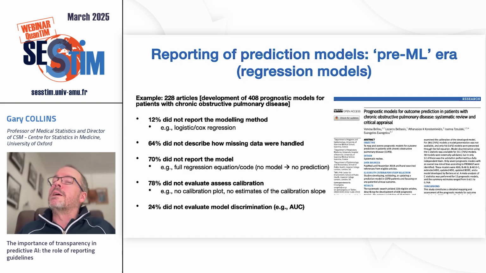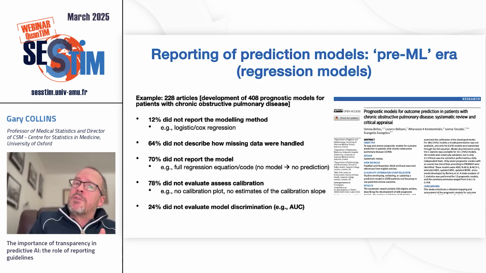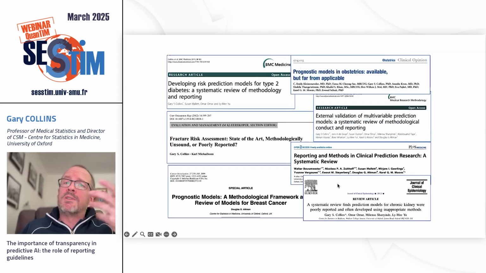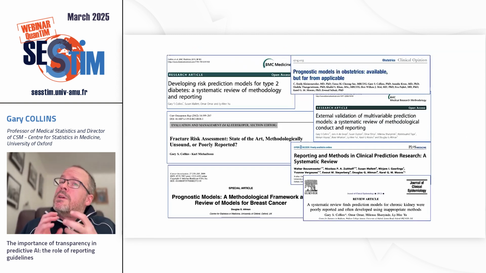And without that information, we can't calculate a prediction. How we assess model performance is typically through something called discrimination and calibration. They're both equally as important, but quite often calibration is not assessed. So this is in the pre-machine learning era. Things aren't great, so they needed fixing, and there's lots and lots of literature to show that the reporting hasn't been very good for a long time.